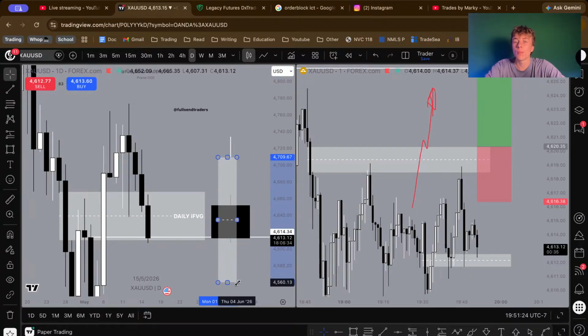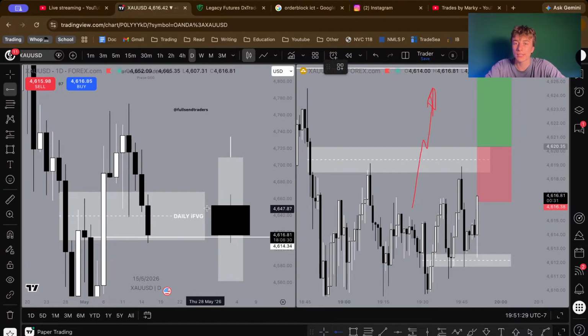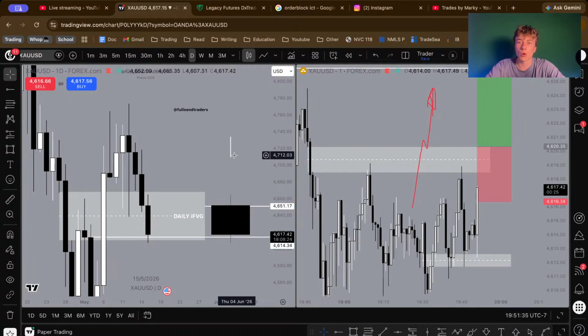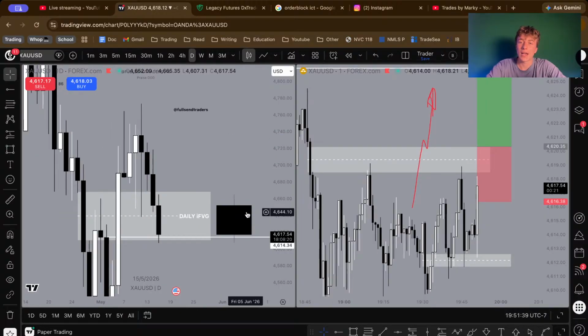The open is where the daily candle opened. When it goes above the open, if you think that it's going to run down, then you look for selling opportunities anywhere above the open. You wait for that higher time frame bias, you get the confirmation, you enter.